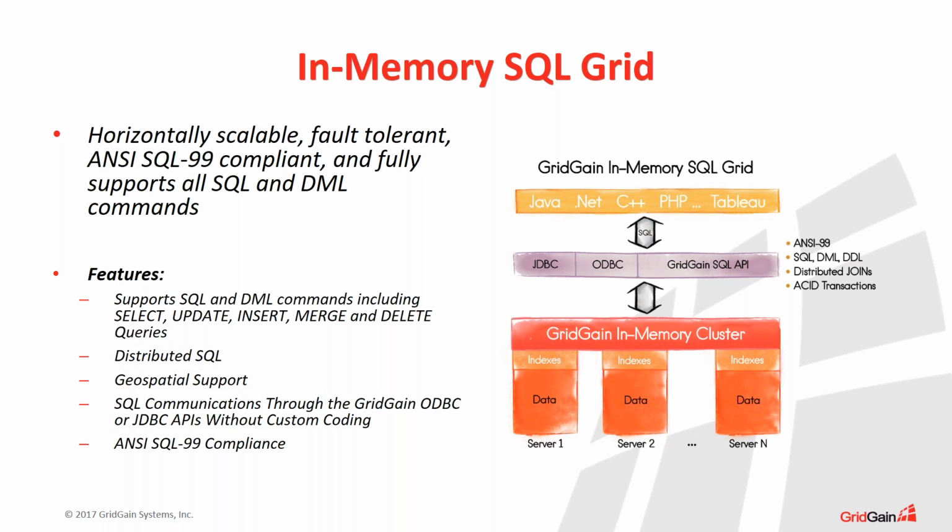And so you achieve greater speed this way. It's basically like pushing the code to the data instead of pulling the data to the code. We also have geospatial support built into the SQL grid for those of you building location-aware applications.